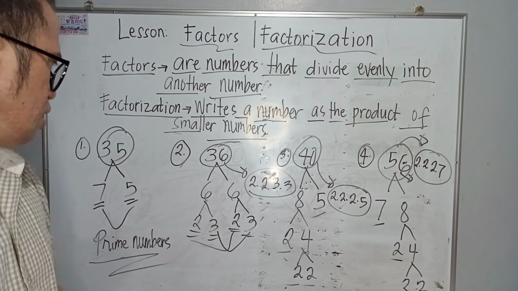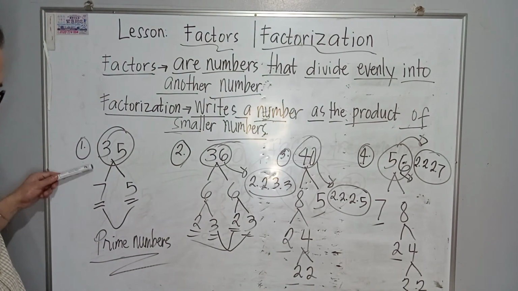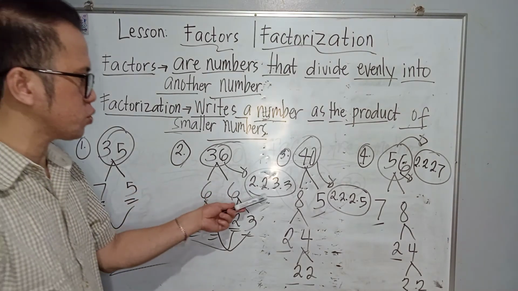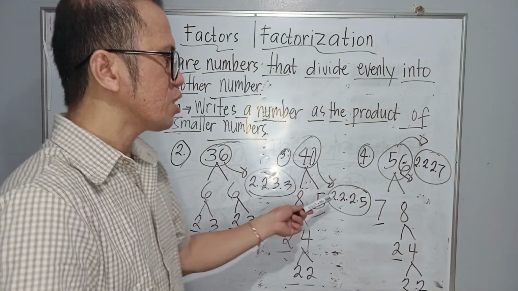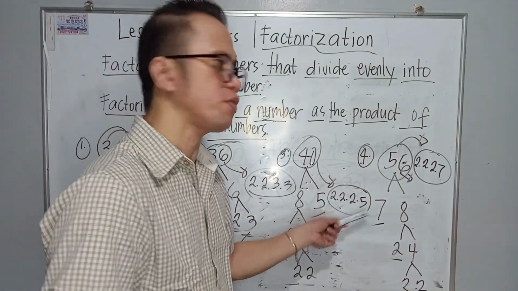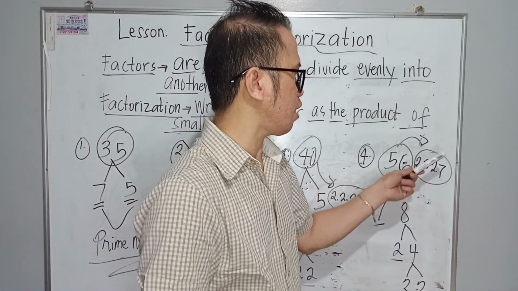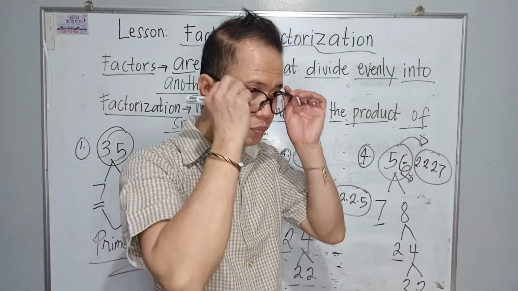Again, for 35, the factors are 7 and 5. For 36, we have 2 times 2 times 3 times 3. For 40, 2 times 2 times 2 times 5. For 56, 2 times 2 times 2 times 7, my dear viewers.